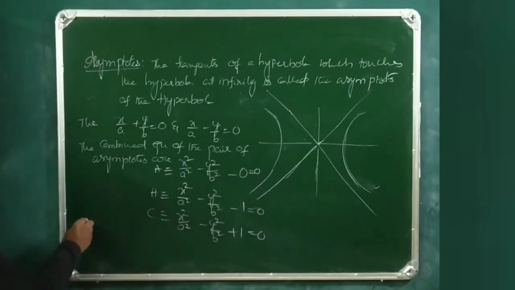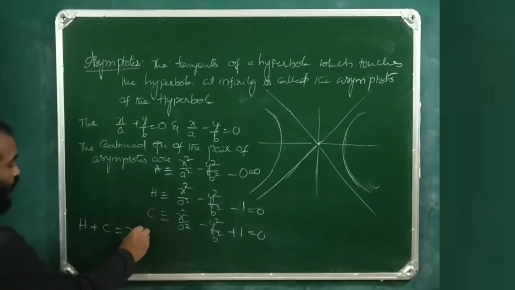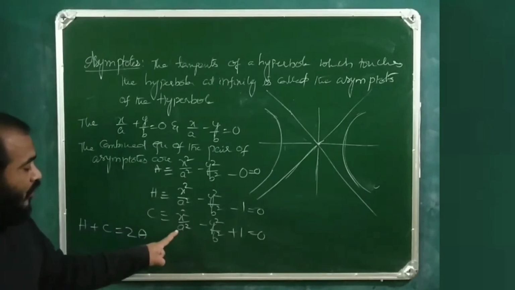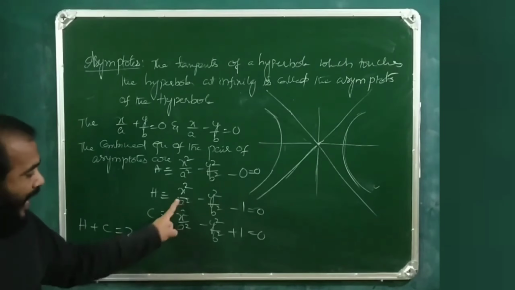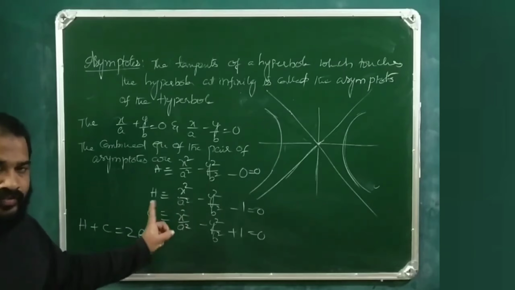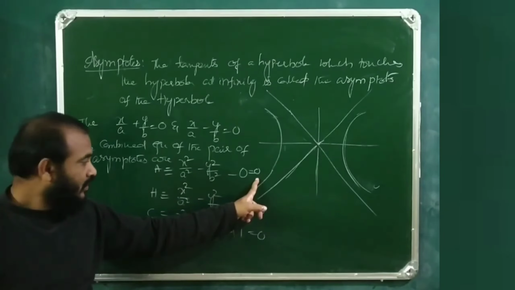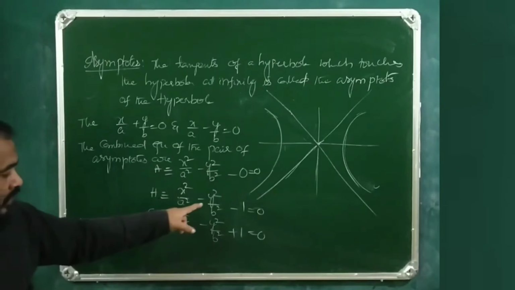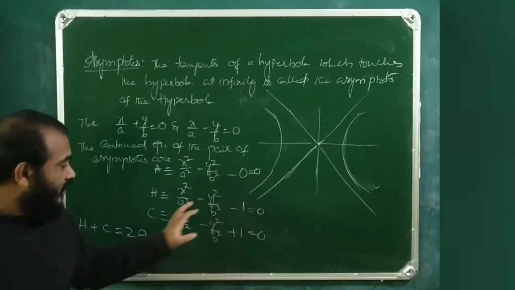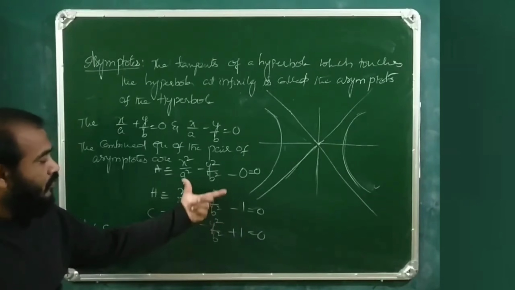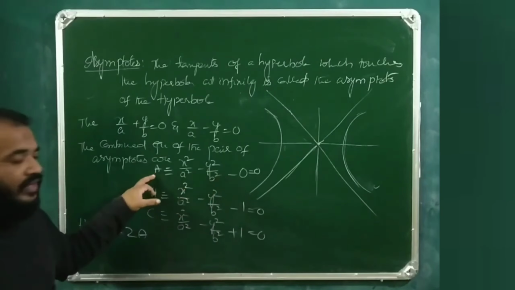So H plus C is equal to 2A. So if we add the hyperbola and the conjugate hyperbola, these two constants get cancelled, and we get 2 into x square by a square minus y square by b square, and that is the asymptotes.